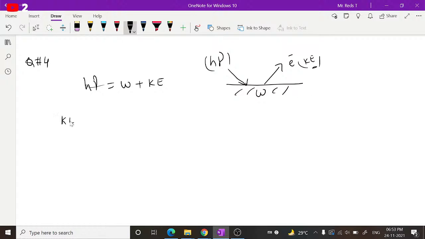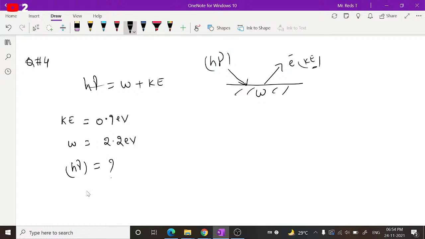So kinetic energy is equal to 0.9 electron volt and the work function of the metal W is equal to 2.2 electron volt. Then what is the energy of incident photons?